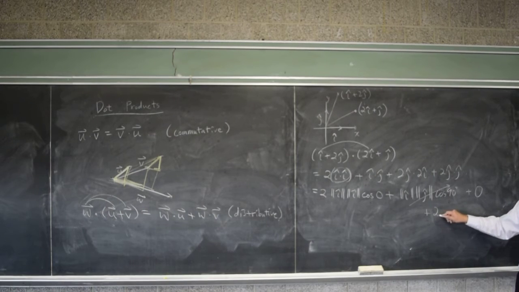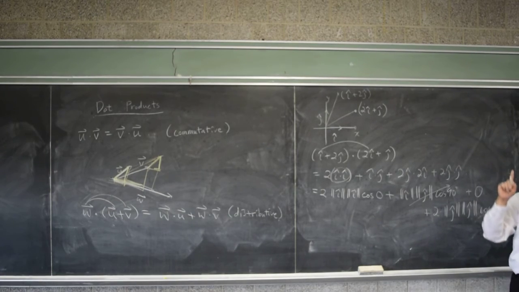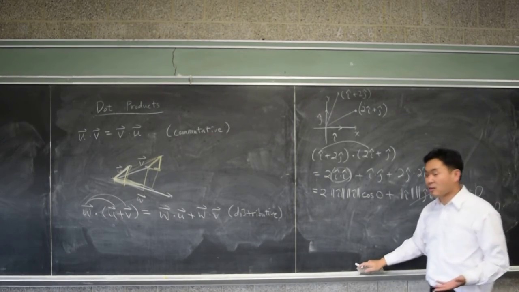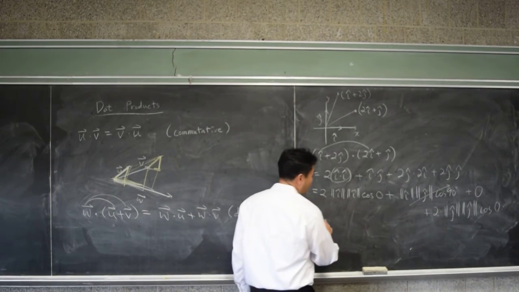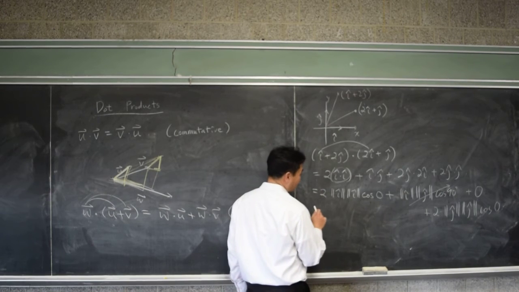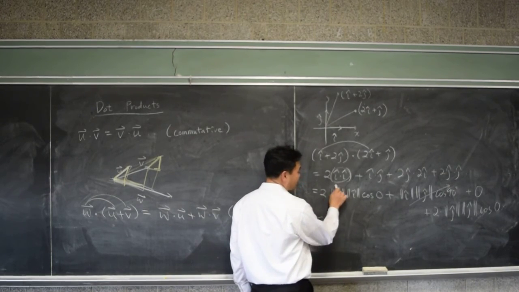And then twice j dot 2j, cosine of? 0. It's the same vector. This is j, that's j, same vector. Any vector is 0 degrees away from itself.